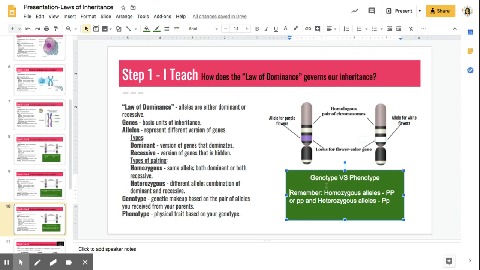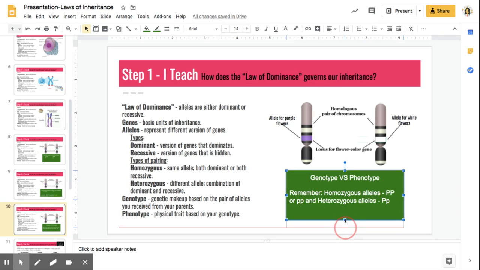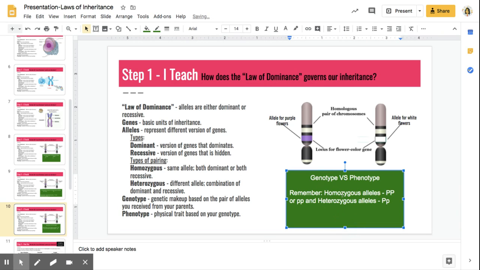Okay, now we have different types of genotype. We could either have homozygous dominant, which means both capital P. We call it homozygous dominant because it's homozygous, same, and they are both dominant.